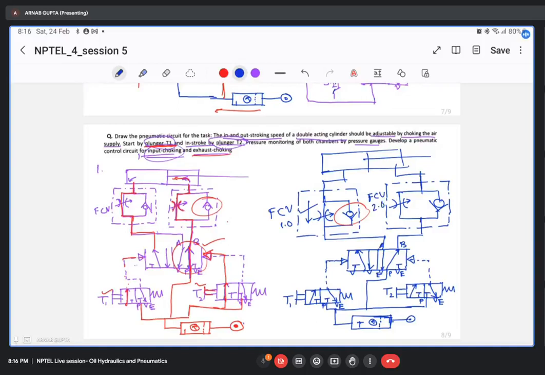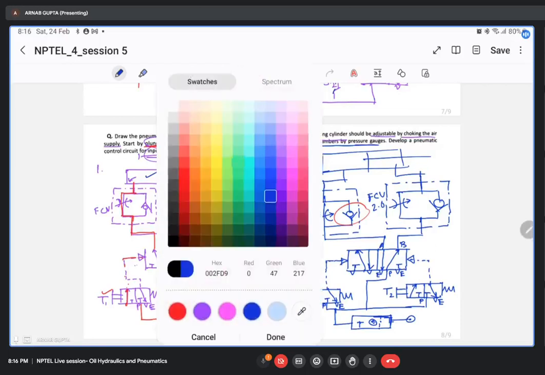Okay. Did I miss out something in this question? Okay, this one I didn't do. So you have to do pressure monitoring of both the chambers. Both the chambers means for this chamber also, for this chamber also. So for that, you have to put two pressure gauges. That's it. So I'm denoting it with a different color.